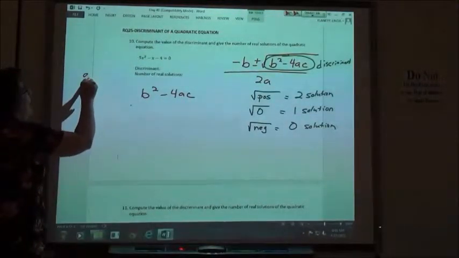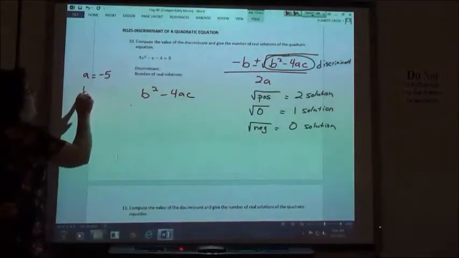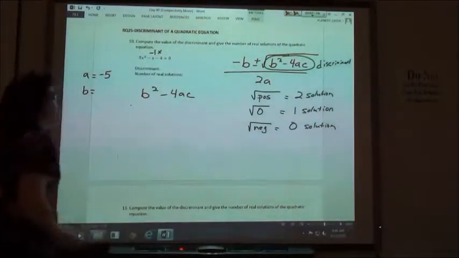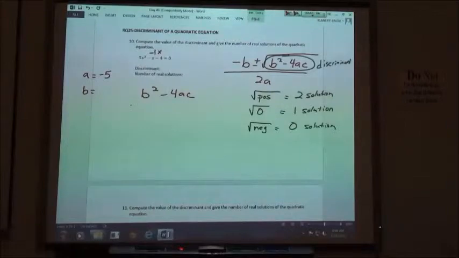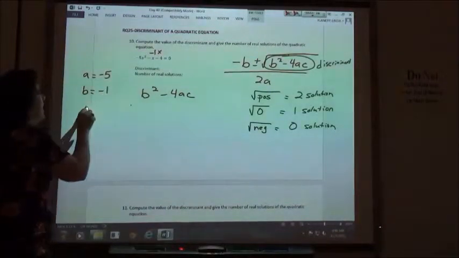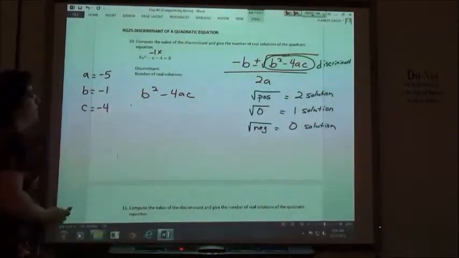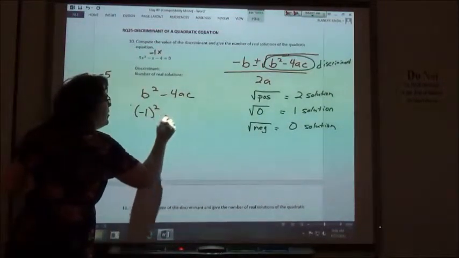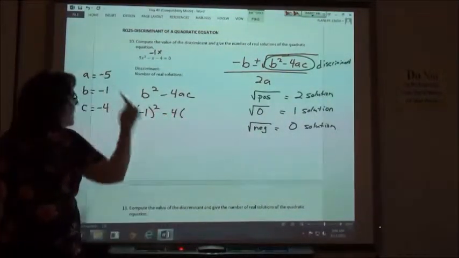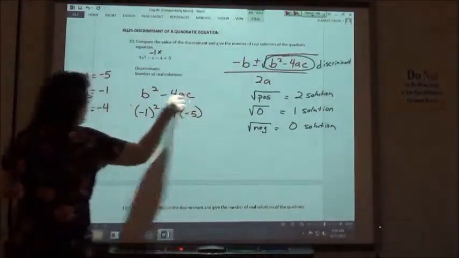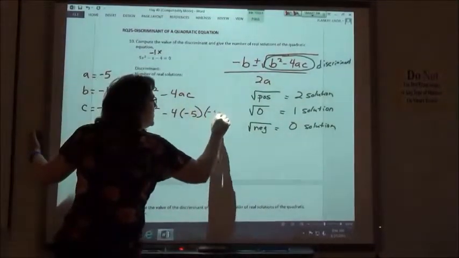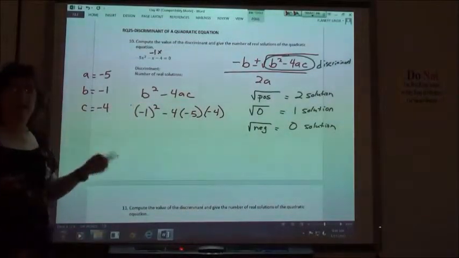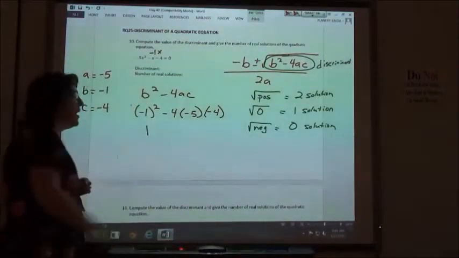So again, a would be negative 5, b in this case is negative 1 because a negative x is a negative 1x, and c would be negative 4. So I want to do b squared, negative 1 squared, minus 4 times the a value, which is negative 5, times the c value, which is negative 4. So, negative 1 squared, negative 1 times negative 1, positive 1.